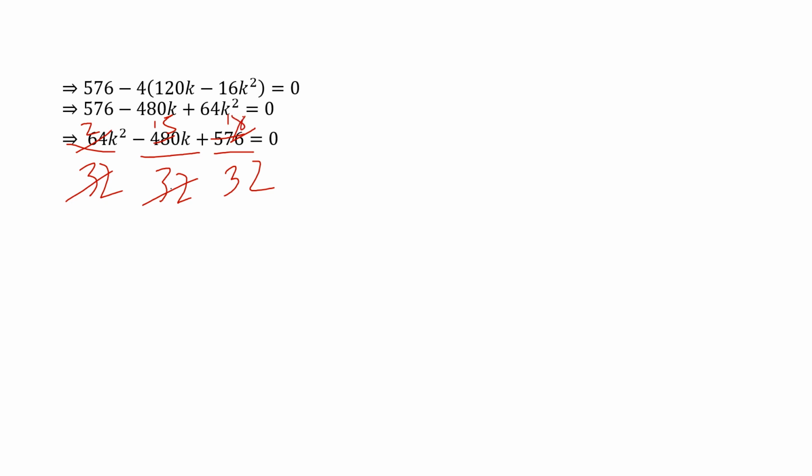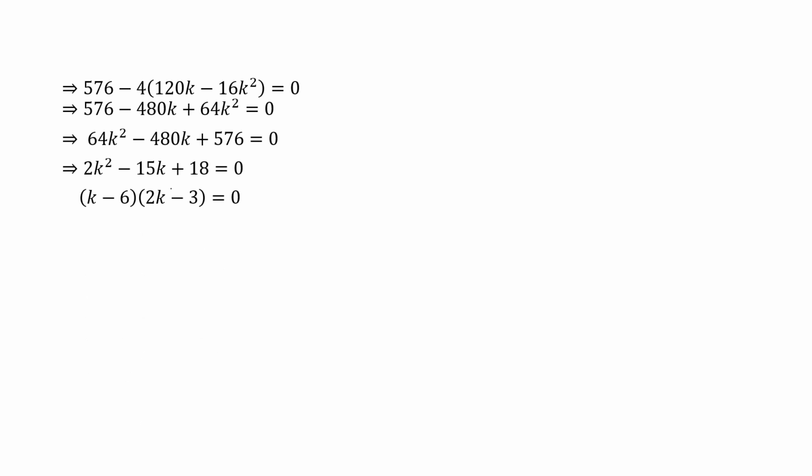So when we do that, what we get is 2k squared minus 15k plus 18 is equal to 0. You can factorize this, and these are the factors you get: k minus 6 all times 2k minus 3.